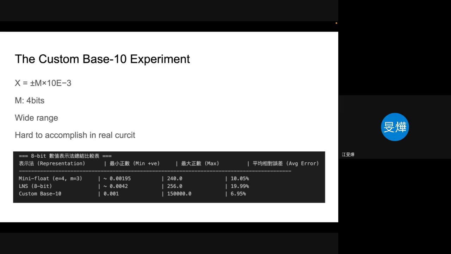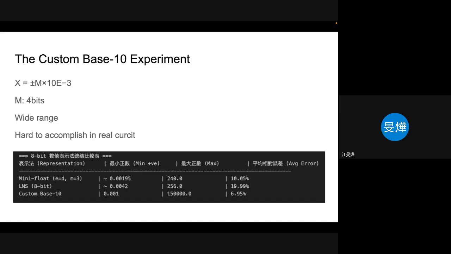And so, choosing between these, it can't easily say which one is better. I think it depends entirely on the workload.